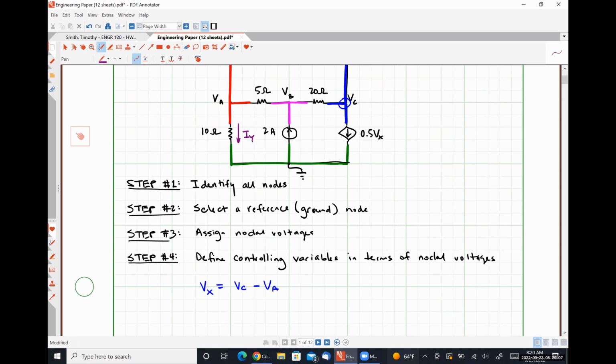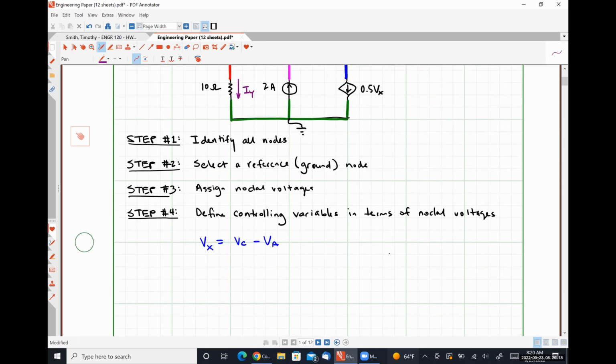We're not actually going to analyze this, but I want to explain how you would do this, okay? We are going to use Ohm's law, okay? So we could say that IY is just the voltage drop over the resistor that the current is flowing through divided by the resistor value.